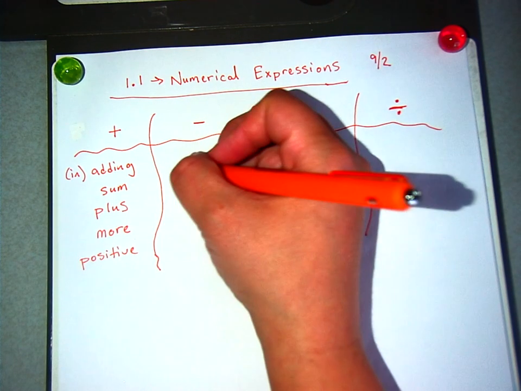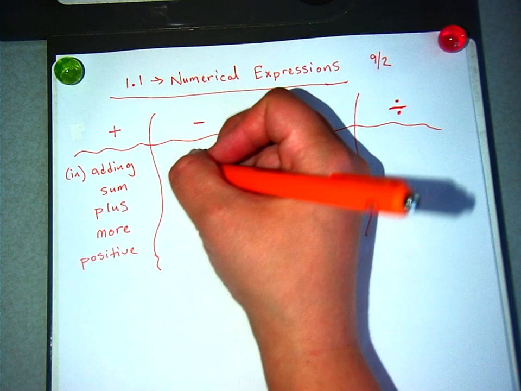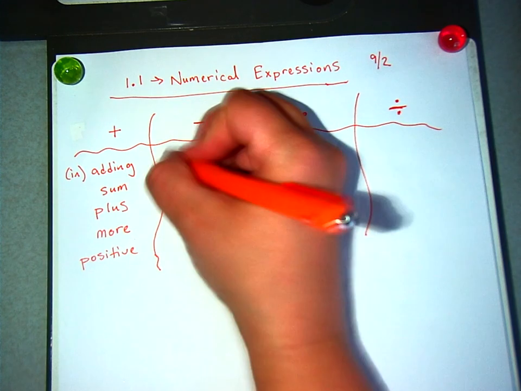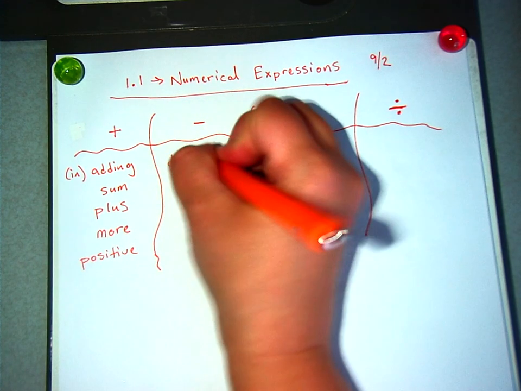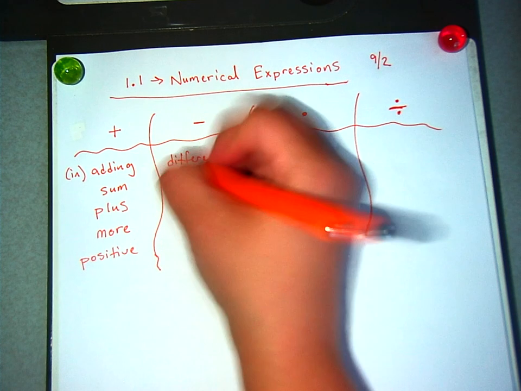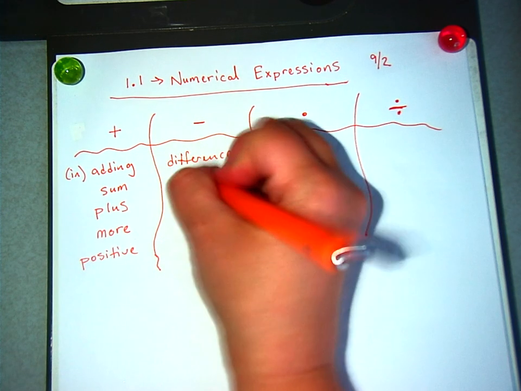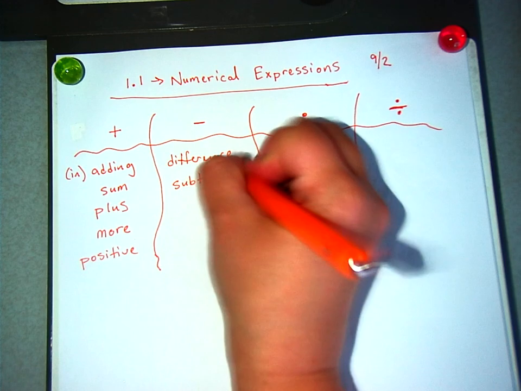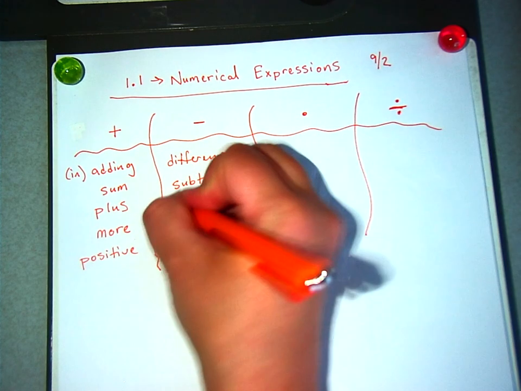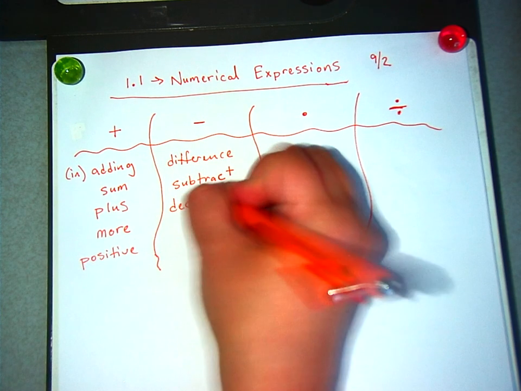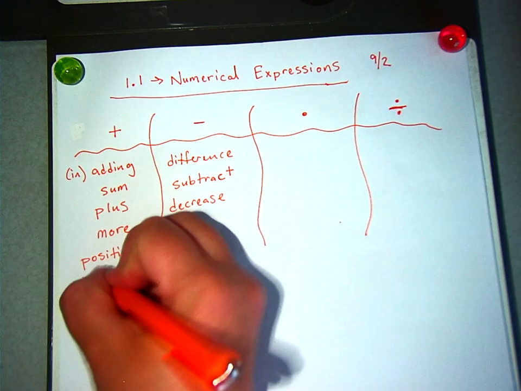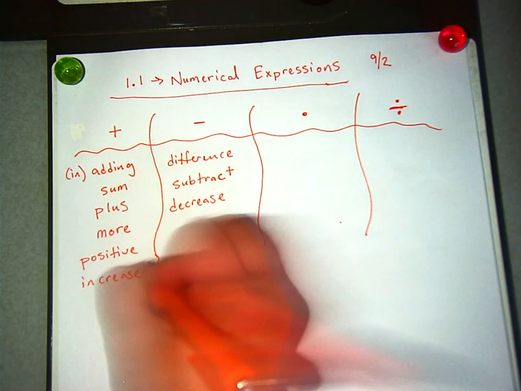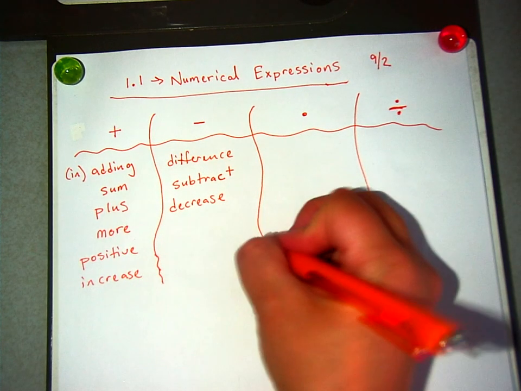What do we see? You don't even have to raise your hands now. You can just yell. Difference. Subtract. Hold on. Difference. Good. Subtract. Ooh, actually, since you said decrease right here, let's put increase in the other category. Nice job.